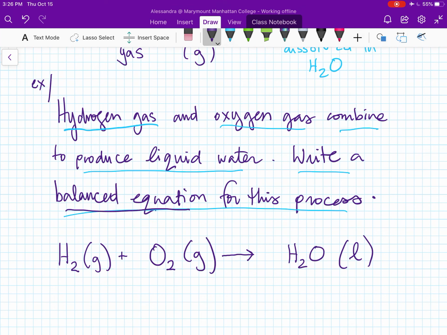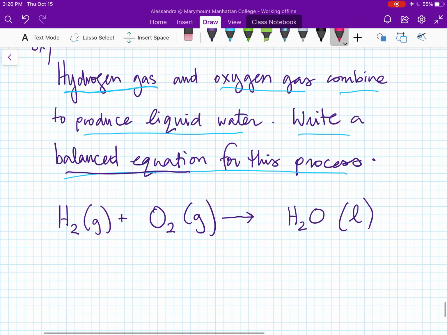Now we have to balance the chemical equation. We have to make sure that this equation has the same number of hydrogens and oxygens on either side of the arrow. So one way we can keep track is to, underneath the arrow, list all of the elements that are involved in the reaction.